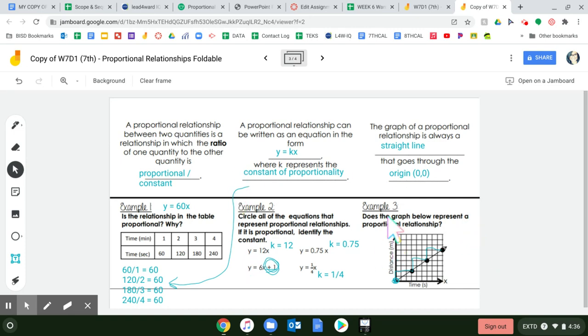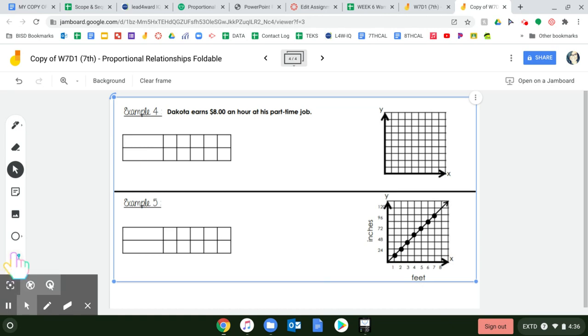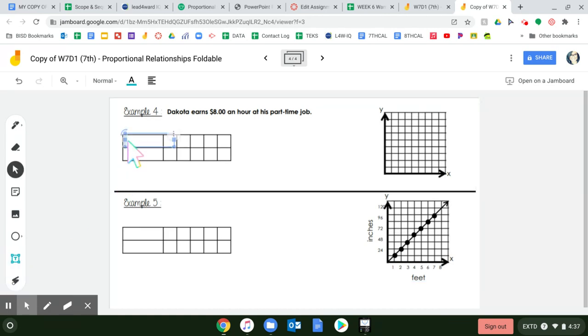All right, so I want you to use this information we talked about to work through these two problems. Dakota earns $8 an hour at his part-time job. So I'm going to get you started here. What we're talking about in this situation is money and hours.